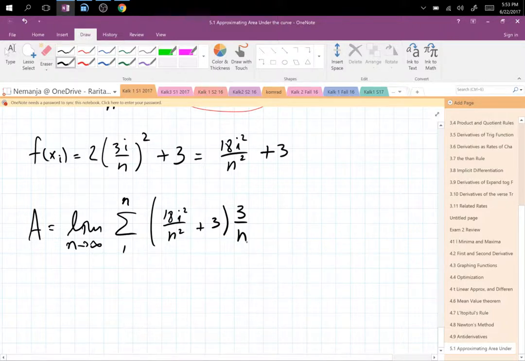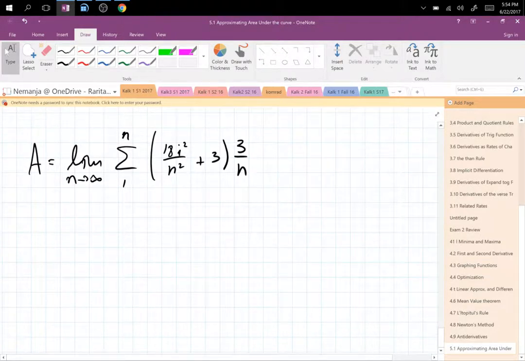We had to find delta x, xi, plug xi into the function, obtain the function, and then we have function and delta x to plug into the limit. And all we need to do now is to solve this. That's it. Just this.